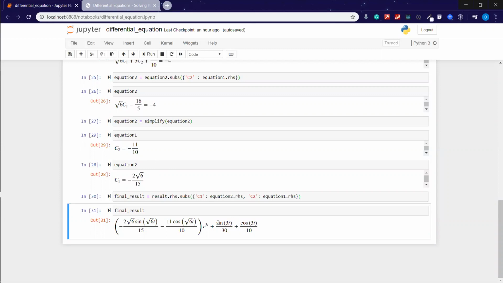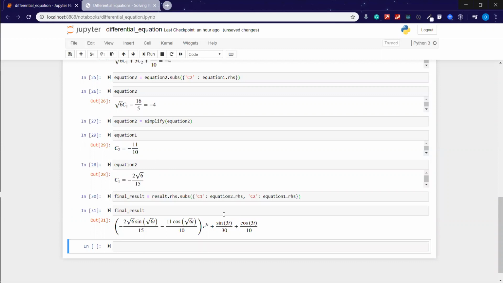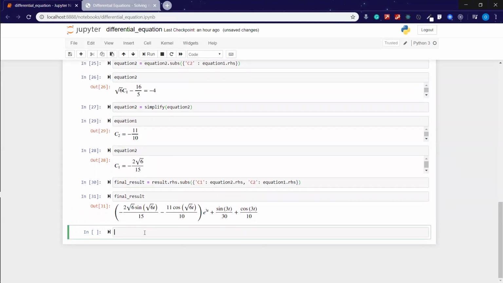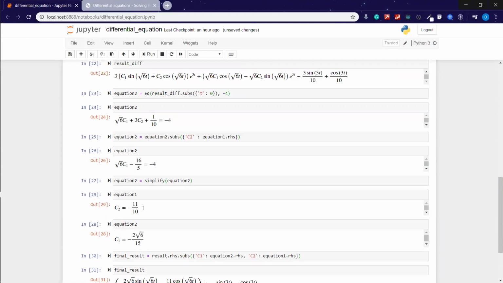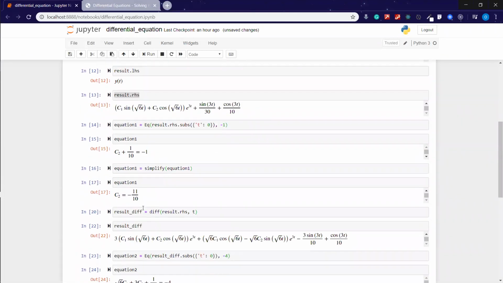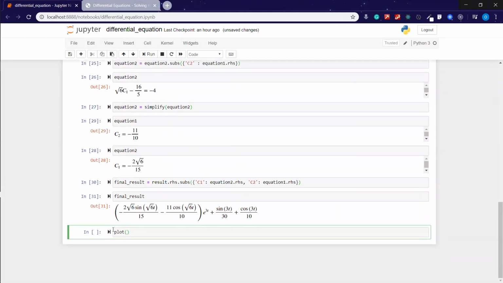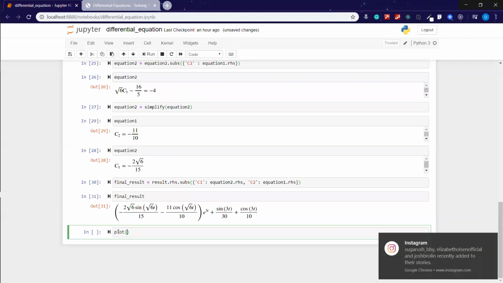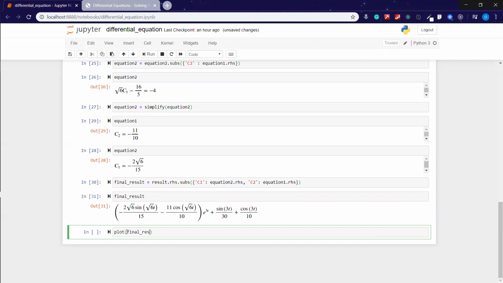So guys, this is okay. Before we end the video, let's just try to see a plot of our results. So we can plot any equation in sympy using the plot function. So let's plot this final results, and I can pass in a range.